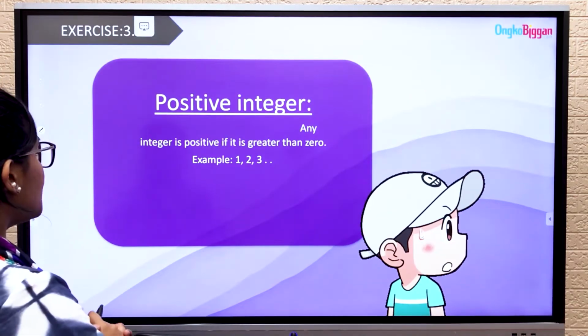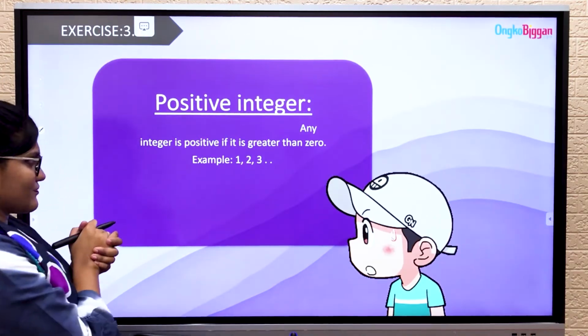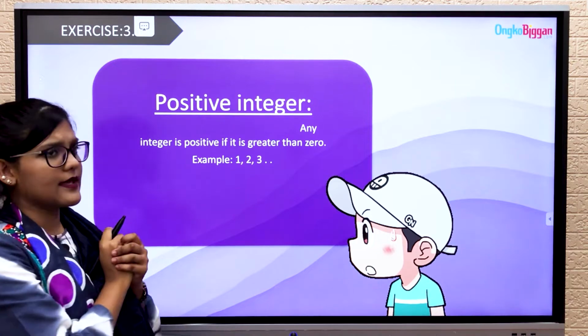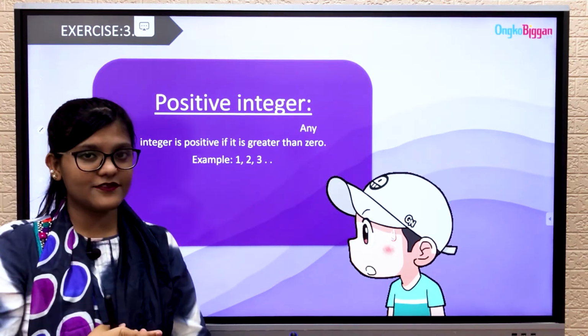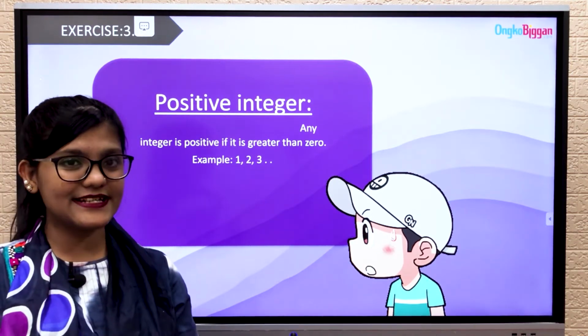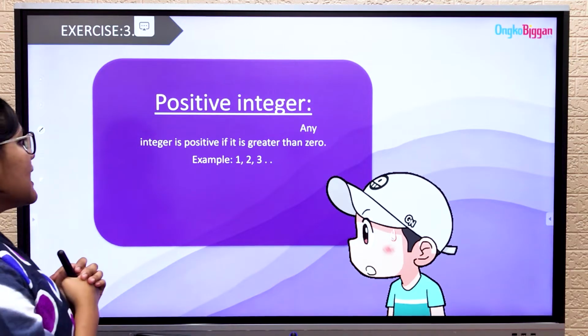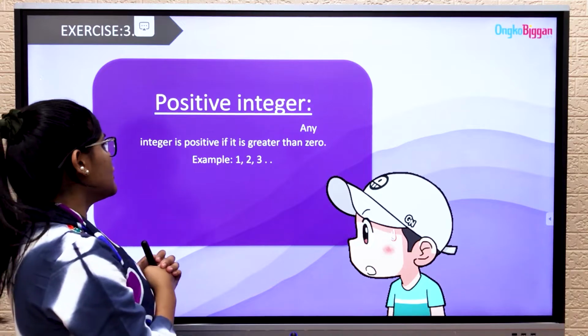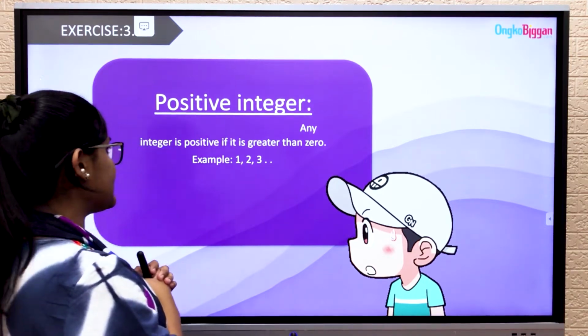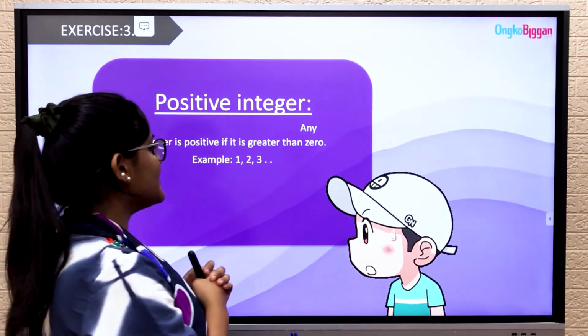Now we will talk about the three types of classification of integers part by part. Firstly, positive integer. Any integer is positive if it is greater than 0.